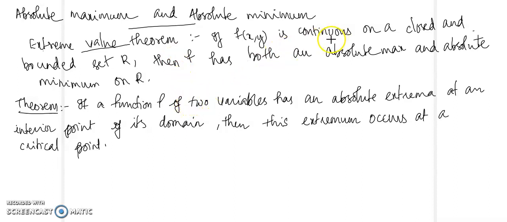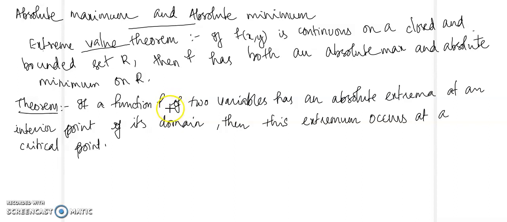So if f is continuous on a closed and bounded set R, then in such a set f will always have an absolute maximum and absolute minimum. And now let us look at one more theorem.